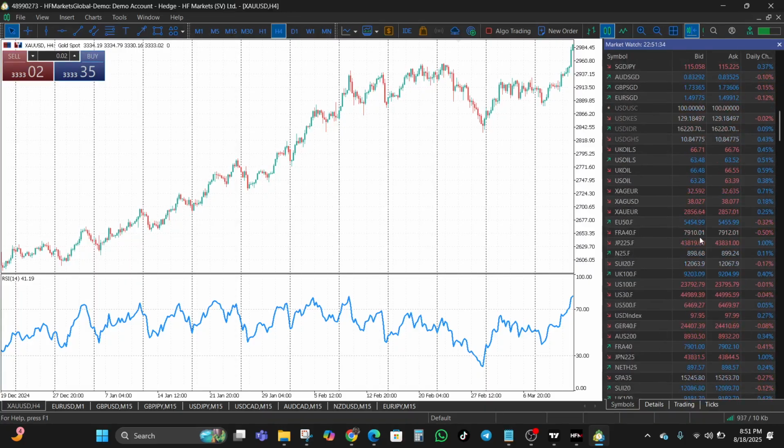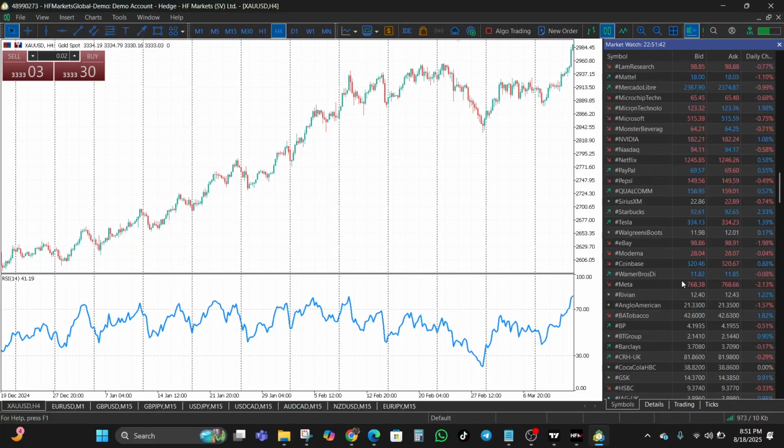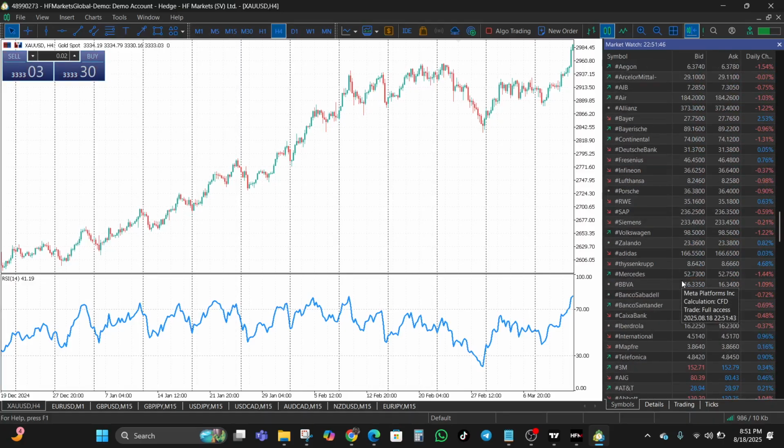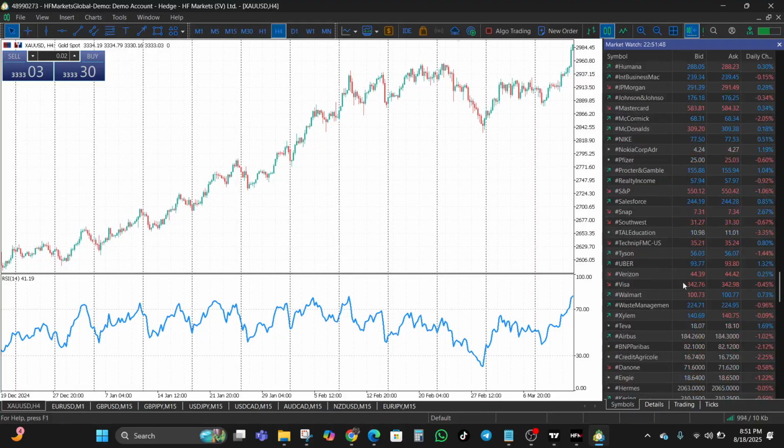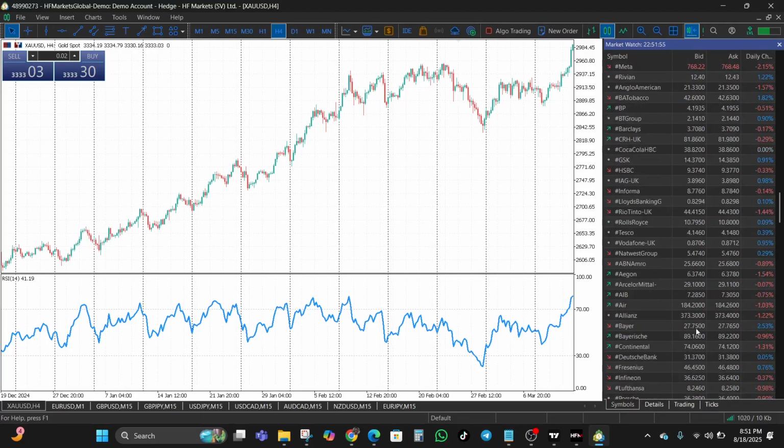Then make sure that you are under the symbols section. From here you find the list of all the available instruments, including commodities, that your broker gave you access to.